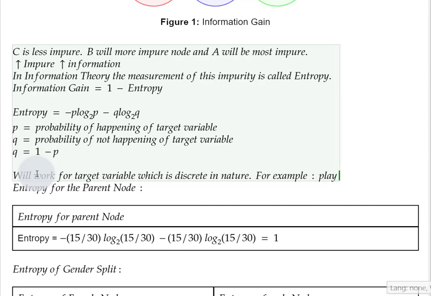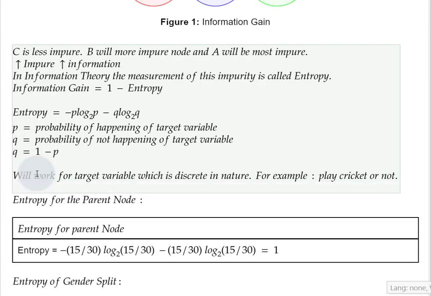For this kind of target variable, we can use information gain. Now you may ask, we just talked about three different algorithms, including this particular video: chi-square, information gain, and Gini, and all work with a target variable which is discrete in nature.